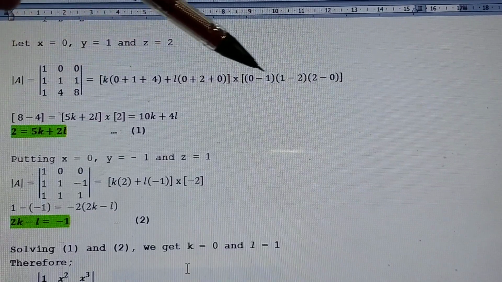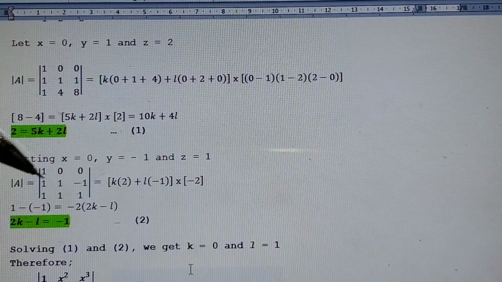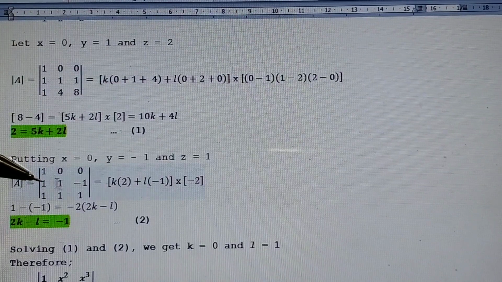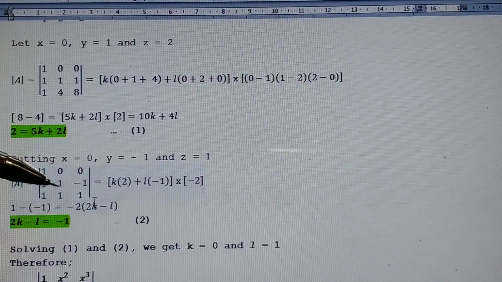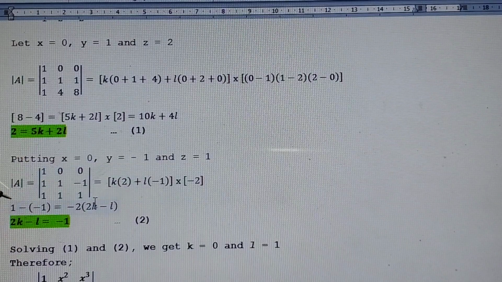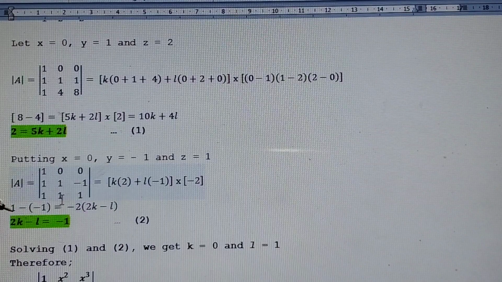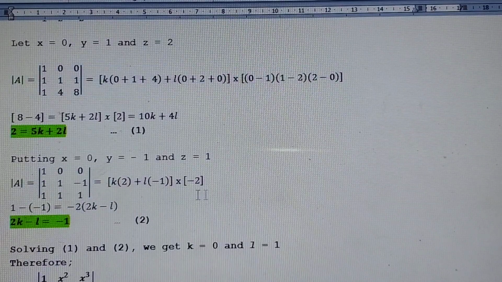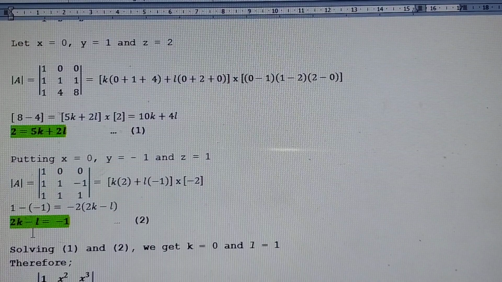Then, ito, elementary operation. Kaya, ito yon. Then, ito, ganun din. Ito ulit ang ating eliminant dito. Ayun. Kaya, 1 multiplied by 1, that is, 1 minus 1 multiplied by 1, that is negative 1. Ito yon. Then, elementary operation. Kaya, yung 2k minus L is equals negative 1.